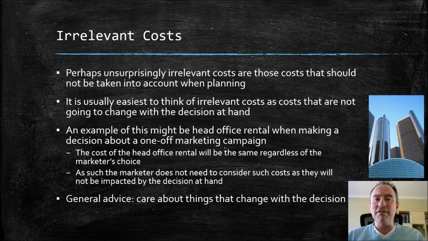The important thing is there's nothing you, taking this individual decision about the current advertising or marketing campaign, can do to change the head office costs. It is what it is. So the point is, you don't need to worry about that. It's not going to change. It's not relevant to the decision at hand. So basically, care only about things that are going to change with the decision at hand.